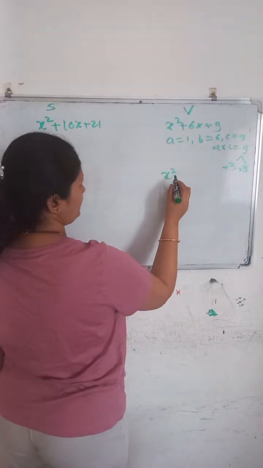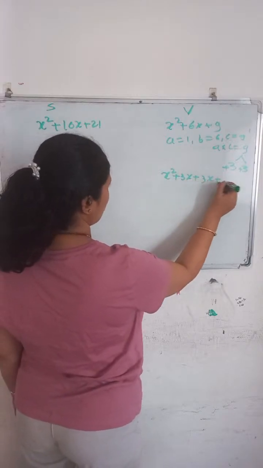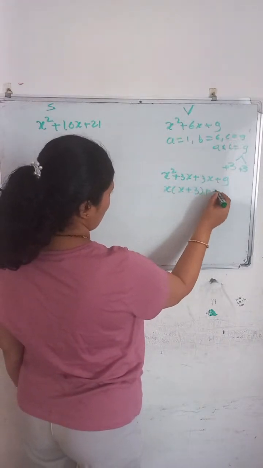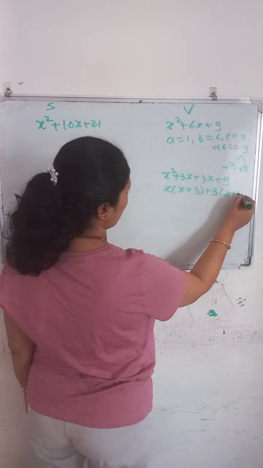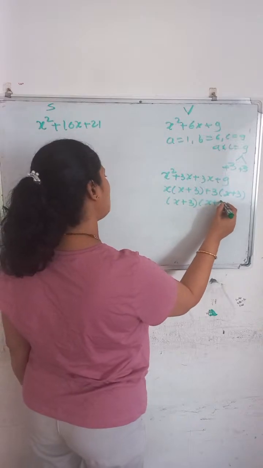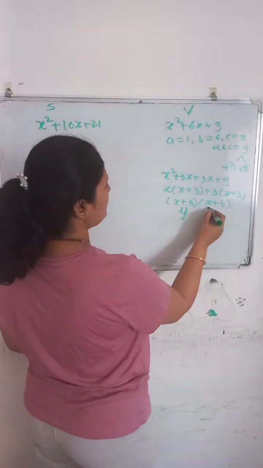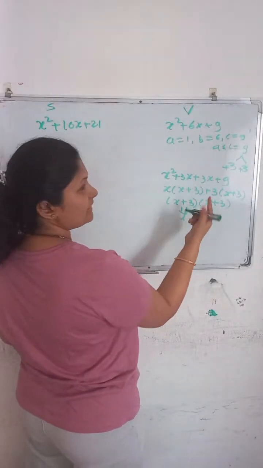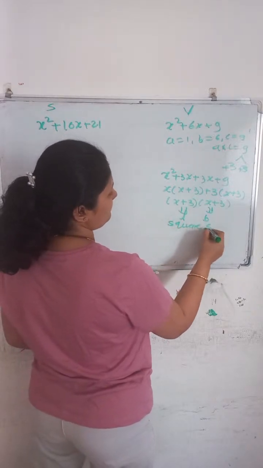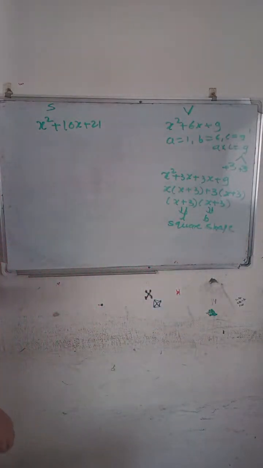So x square plus 3x plus 3x plus 9. Take x common, x plus 3, plus 3 you can take out, x plus 3. So take x plus 3 out again, then here you will get x plus 3. So this is the length and breadth. This is length and this is breadth. So your length and breadth are the same. That means this is in a square shape, because in a square all the sides are equal.